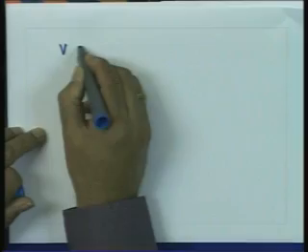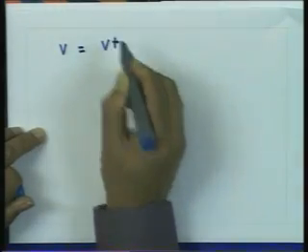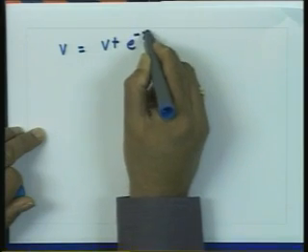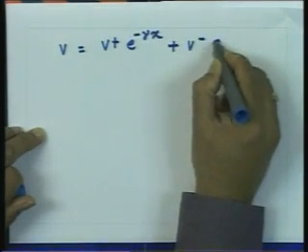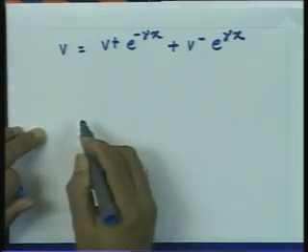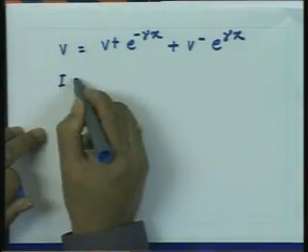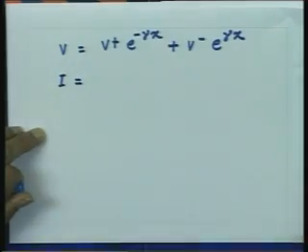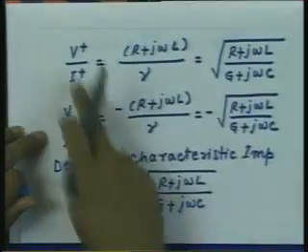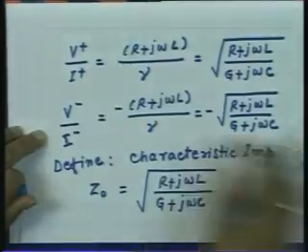So, the voltage and current expressions on the transmission line can finally be written as V is equal to V plus e to the power minus gamma x plus V minus e to the power gamma x, and I, which is I plus e to the power minus gamma x, but I plus is V plus divided by Z naught, so I can substitute that.